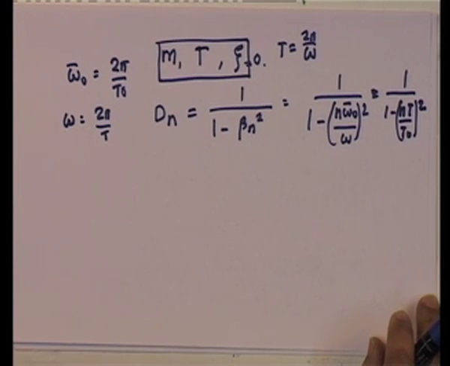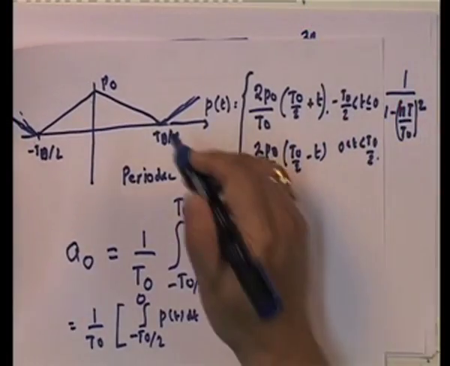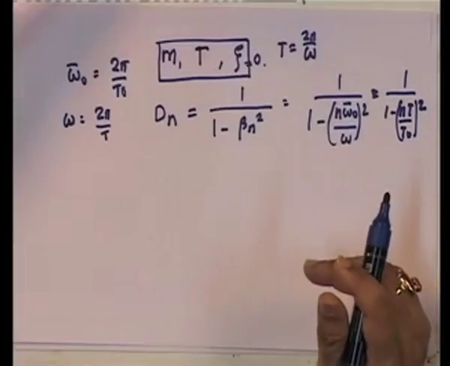I am sorry, omega 0 is not 2 pi. I just want to go back to that particular, if you look at this. Yes.